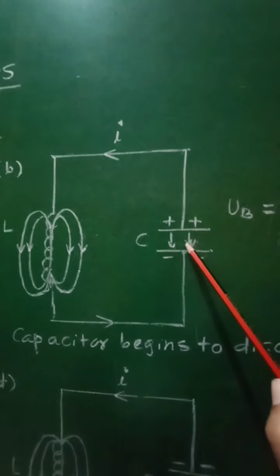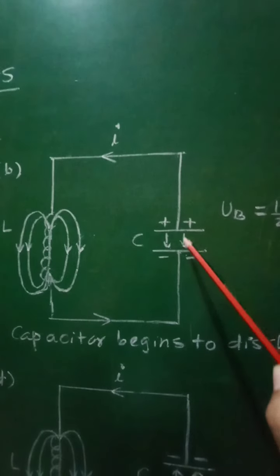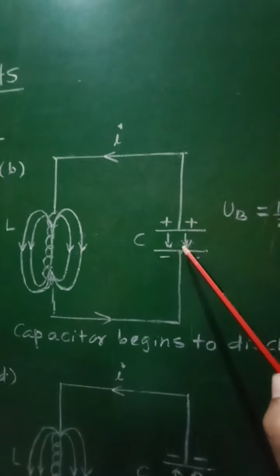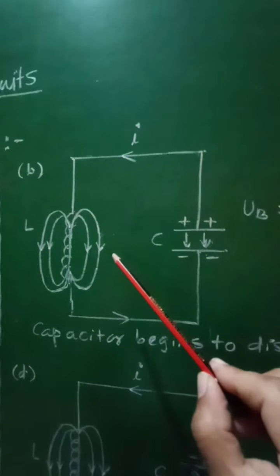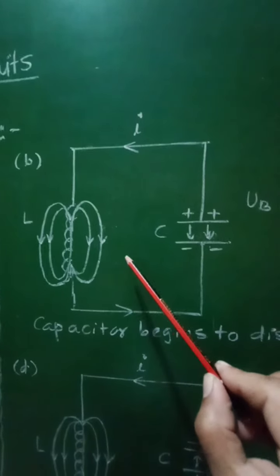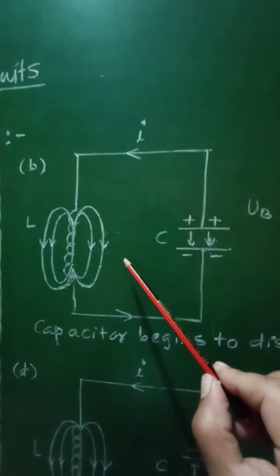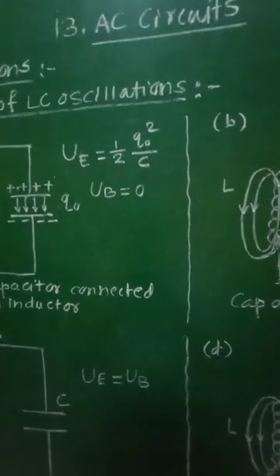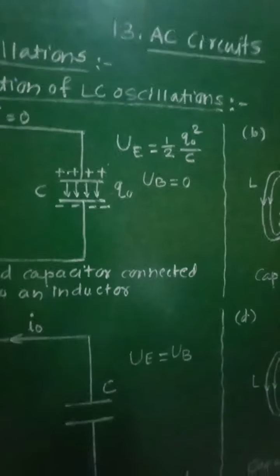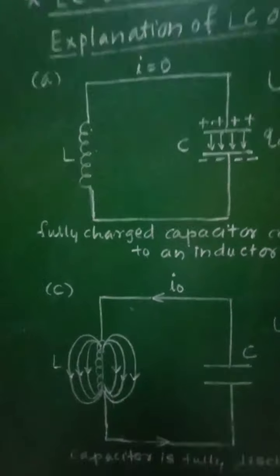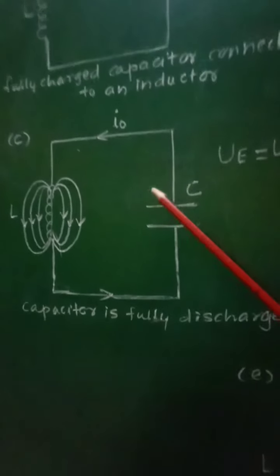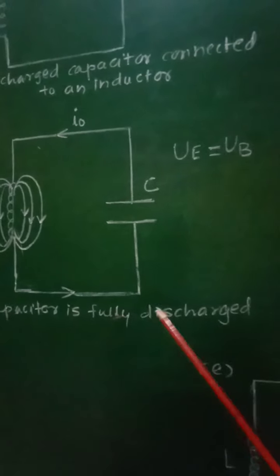So in this case, the electrostatic energy of the capacitor goes on decreasing, and that amount of energy which is decreased will get converted into the magnetic energy of the inductor. Now let us see the third case, that is case C, which represents the capacitor being fully discharged.